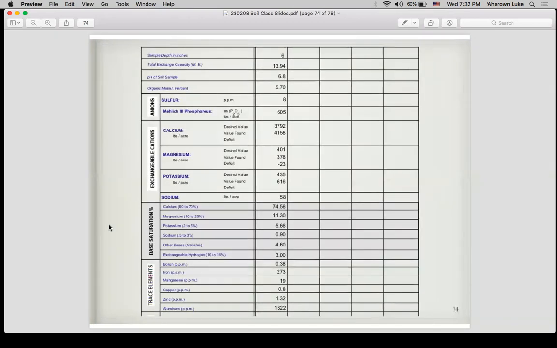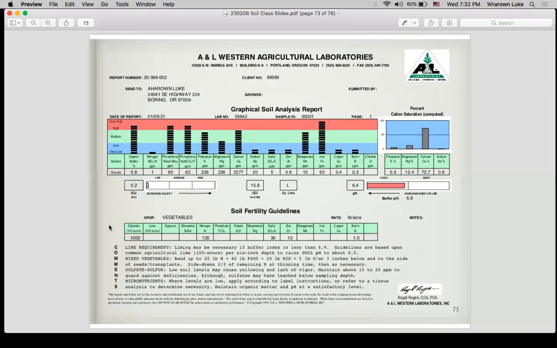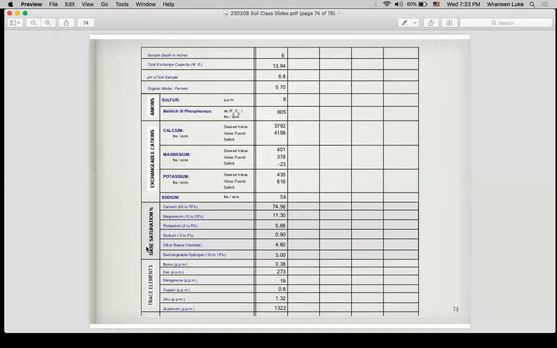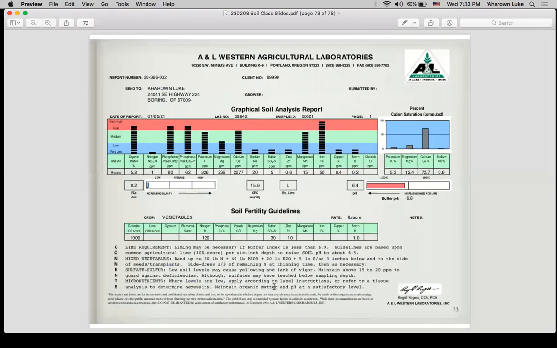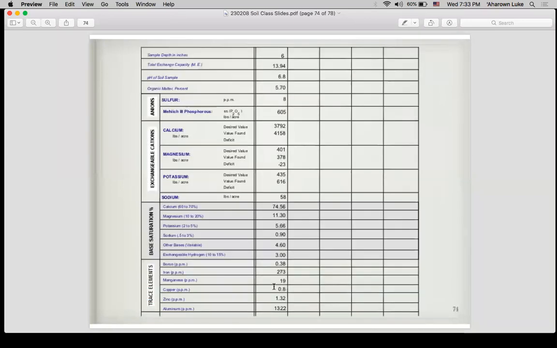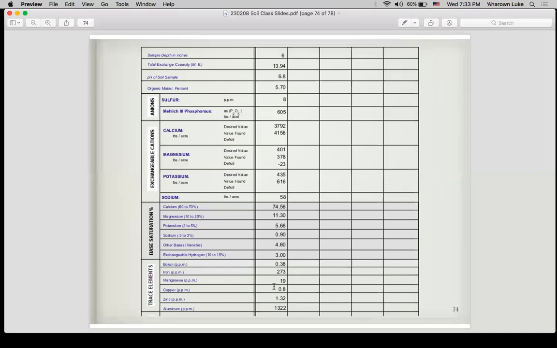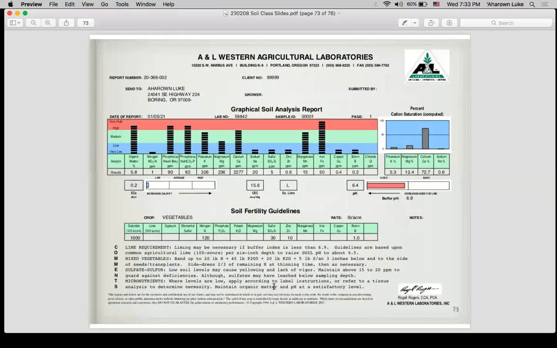agricultural lab. So this is the same year, I think. This is 2021, and this is the same recommendation from Logan Labs, and they have aluminum. That's not on Logan Labs, and I think copper, manganese, boron.